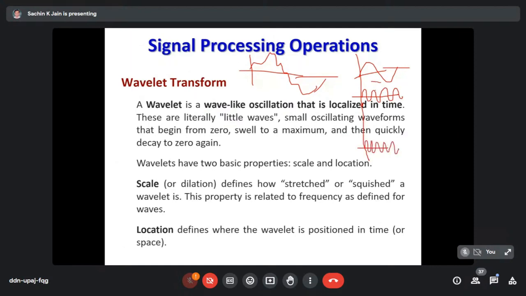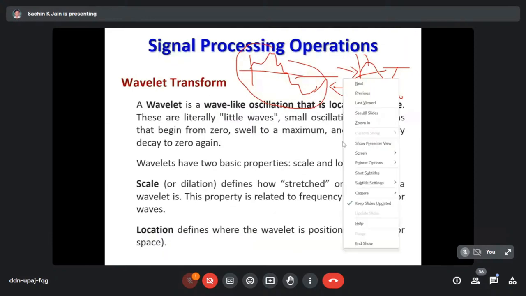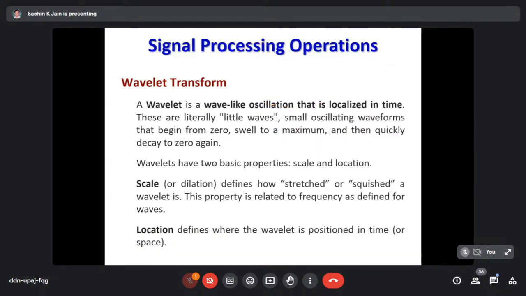When we add these three signals, then we will get this signal. Okay, so this is the time domain representation, and this is the frequency domain representation, which is represented by three frequency components. Fourier transform uses sine waveforms. But in wavelet transform, instead of sine waveforms, we use wavelets, which are localized in time. And that's how we get the time information about this. Okay. Now, what are wavelets?